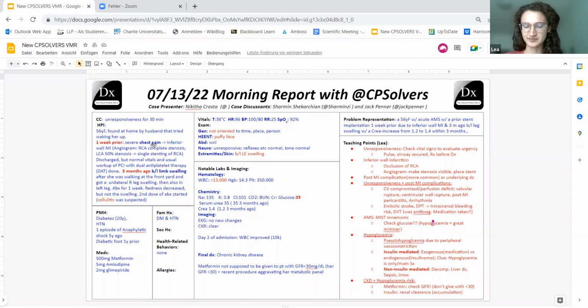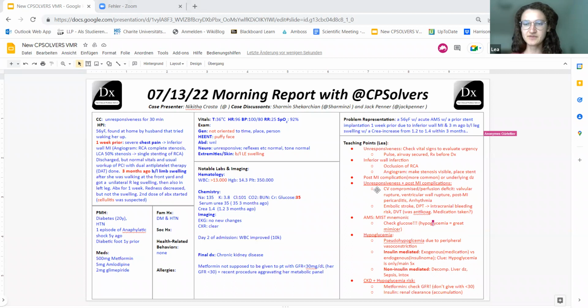And then we also talked about how there could be post-MI complications that can cause unresponsiveness. It can be by having a perfusion deficit, so that the cardiovascular system is compromised. This can be by valvular rupture or ventricular wall rupture. You can also have a post-MI pericarditis or an arrhythmia.